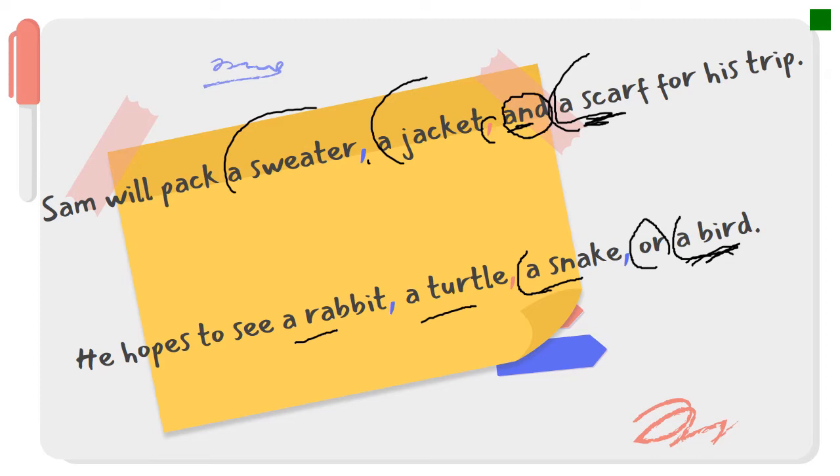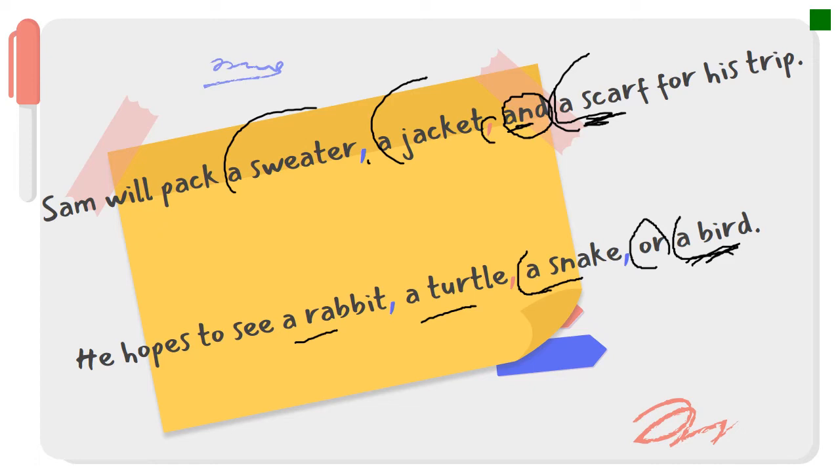So that's why we put a comma after the word sweater and after the word jacket. And as I told you, the word and or the word or comes before the last word in a series. The last word is scarf, right? So when we see the word and or the word or, we don't add a comma after them.